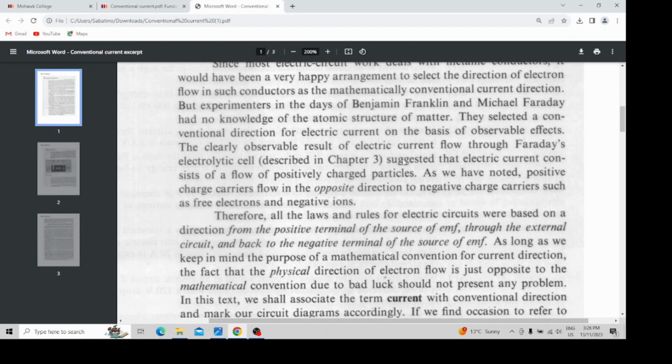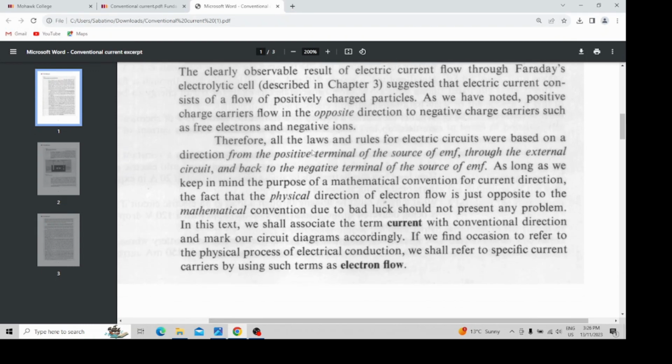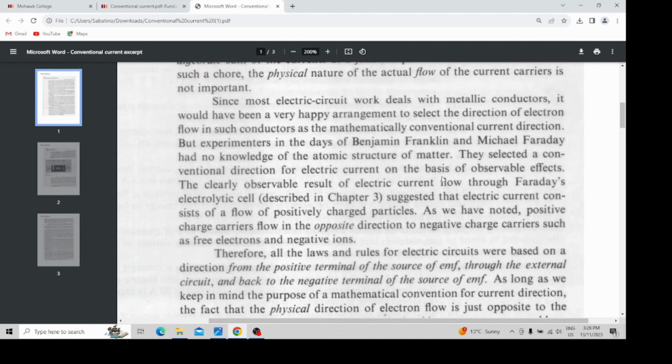And it says here, therefore, all the laws and rules for electric circuits were based on a direction from the positive terminal of the source of EMF through the external circuit and back to the negative terminal of the EMF. This was based on Faraday's observations. Around 1830, Faraday noticed when he was doing his experiments that there was a charge traveling through the wires, and he had to give it a positive or a negative.